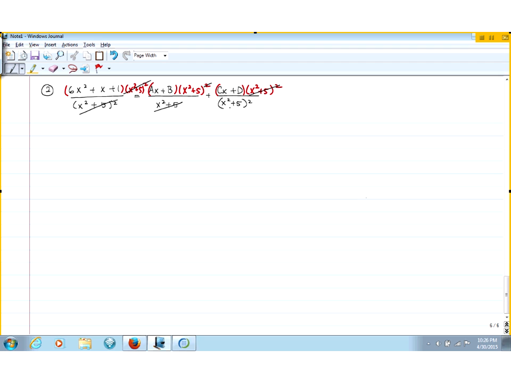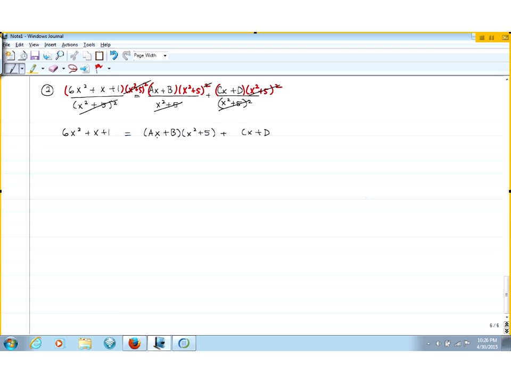We still have one x squared plus 5 term on top, and we also have x squared plus 5 squared on the bottom. So we're left with 6x squared plus x plus 1 is equal to ax plus b times x squared plus 5 plus cx plus d. This cancels, so again I don't have to put parentheses here.